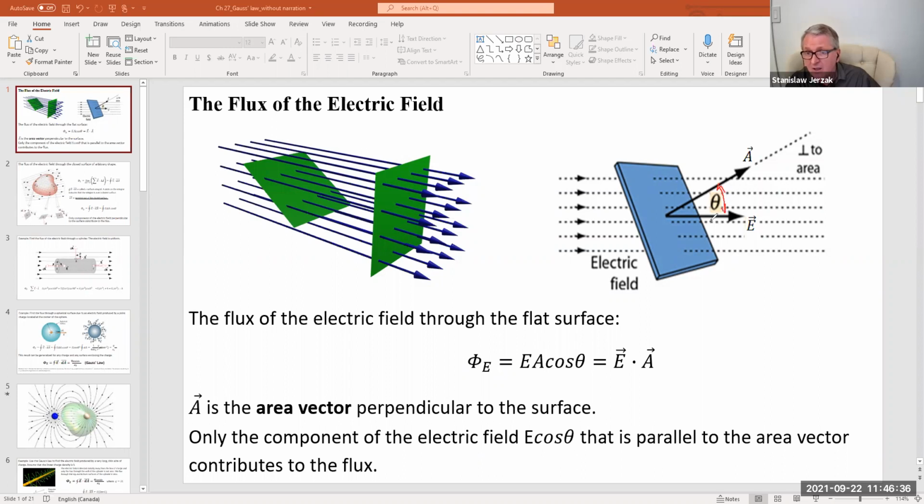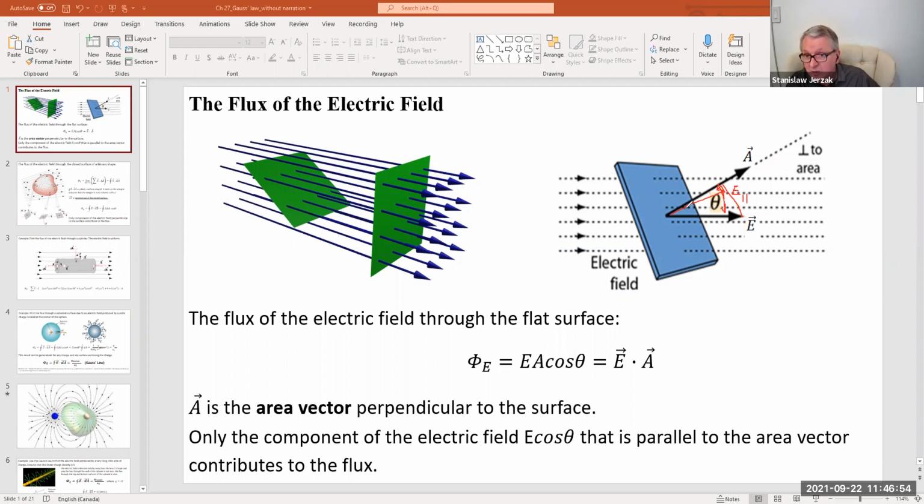Then you see that I can decompose the electric field into a component parallel to the area vector, which I designated as E parallel, because remember, vector E can be decomposed into two components.